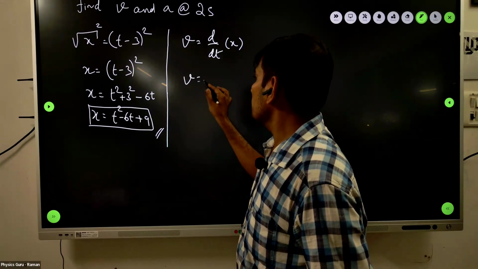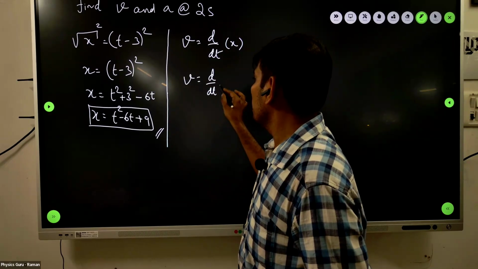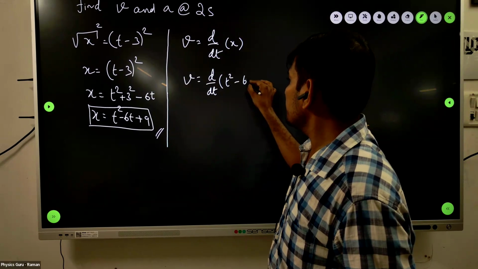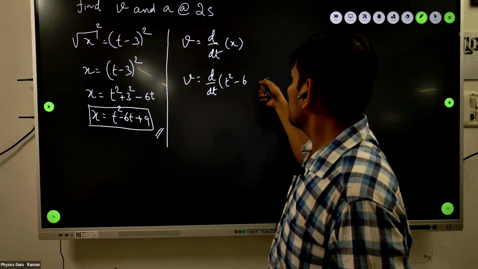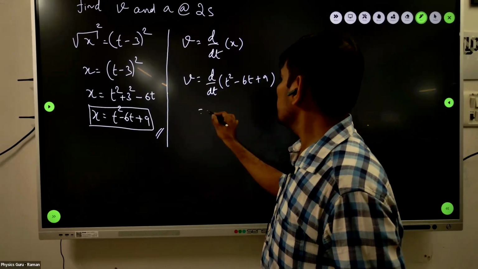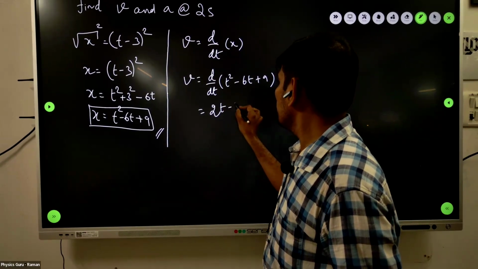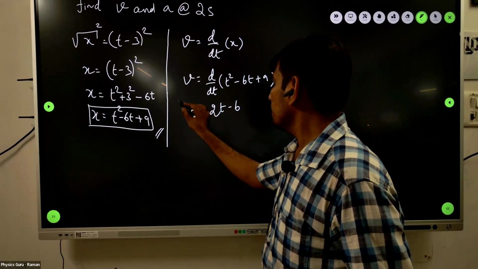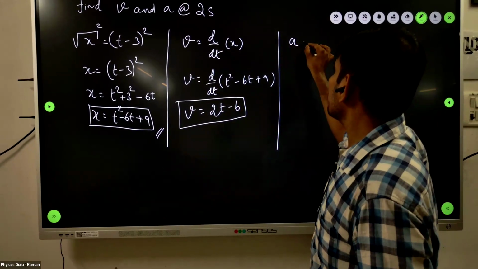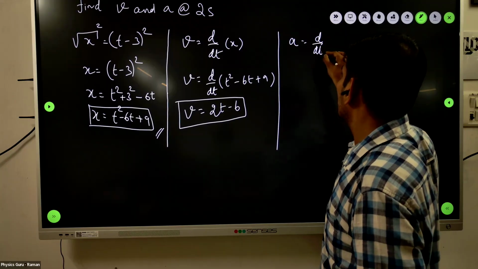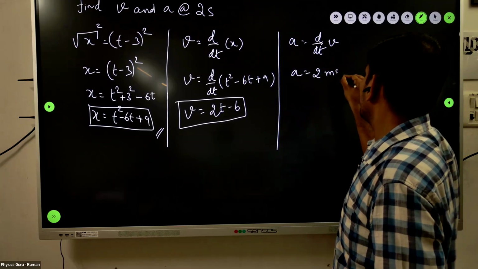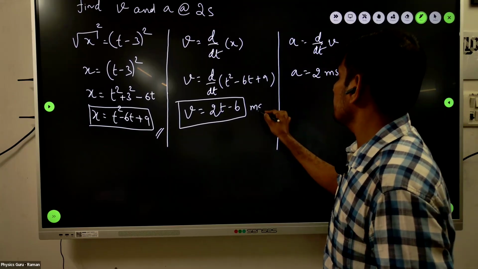So the velocity is d over dt of t squared minus 6t plus 9, which is equal to 2t minus 6. That is going to be my velocity. And then my acceleration is d by dt of my velocity. So my acceleration is equal to 2 meters per second squared, and here it is meters per second.